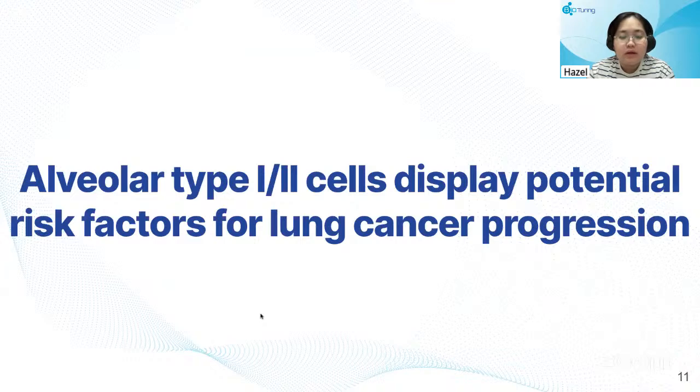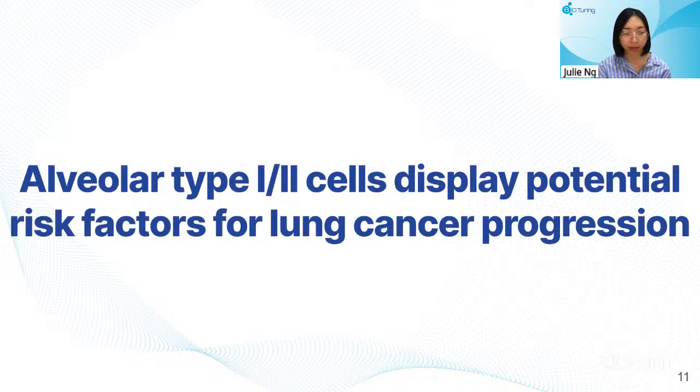Just a side note, the relationship between AT2 and AT1 is also well established in literature, where the abnormal transition from AT2 to AT1 might be an early marker for the disease.